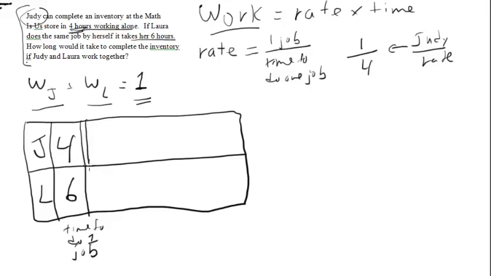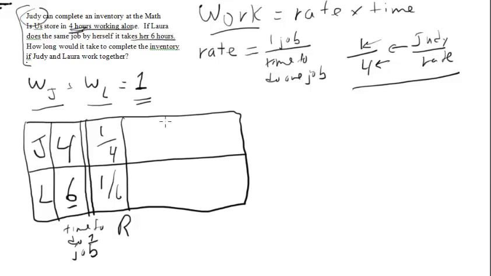Now I put a second line down here just to separate from the parts that are going to be in my actual equation. The next part is going to be the rate. And I'm looking for rate times time equals work. And as we discussed over here, Judy's rate is one job every 4 hours. So it's 1/4. Now, since Laura does the one job in 6 hours, her rate is 1/6.